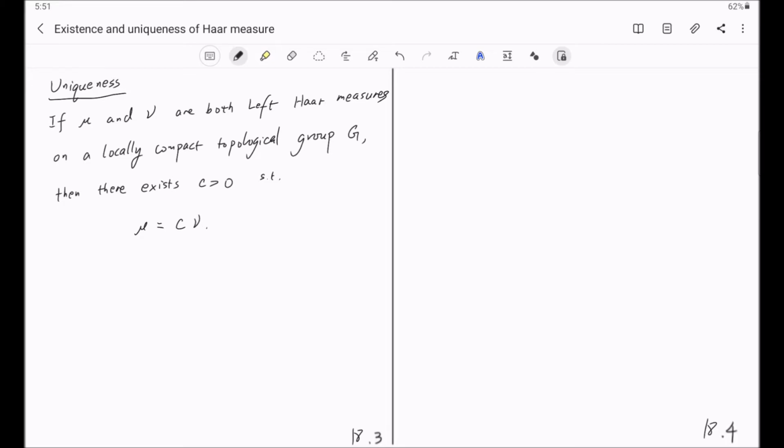And now let's prove it. The idea of the proof is the following.